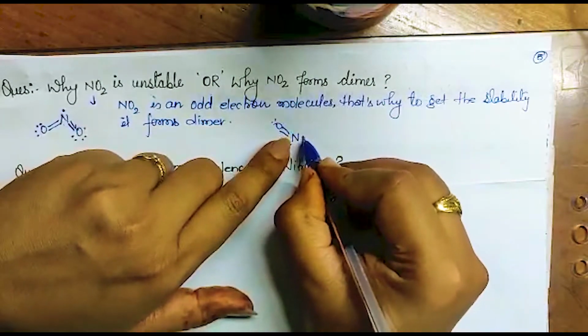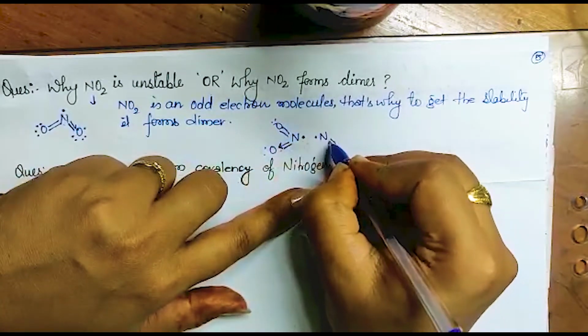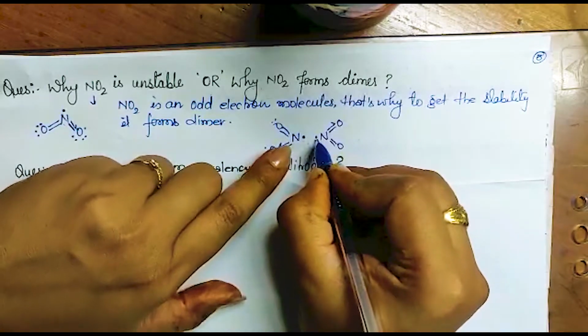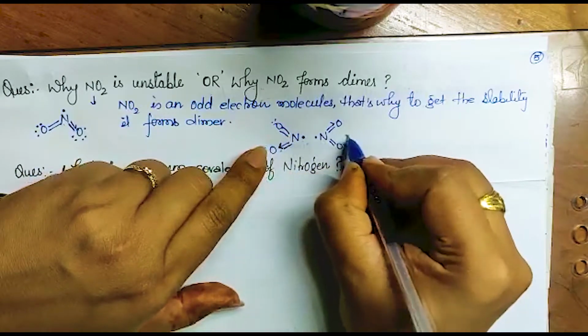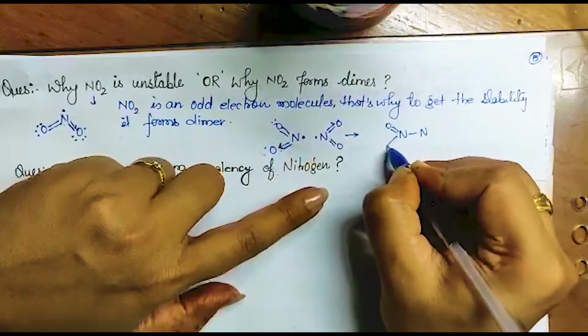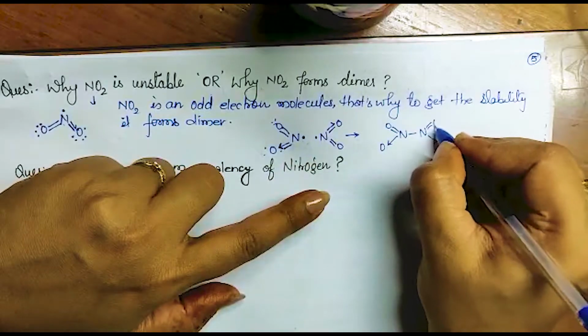This odd electron, as I told you, we take 2 molecules, like this. So this electron will combine with this, and this electron will combine with this. Finally it will form a bond between these. We can mention it like this. Got it?